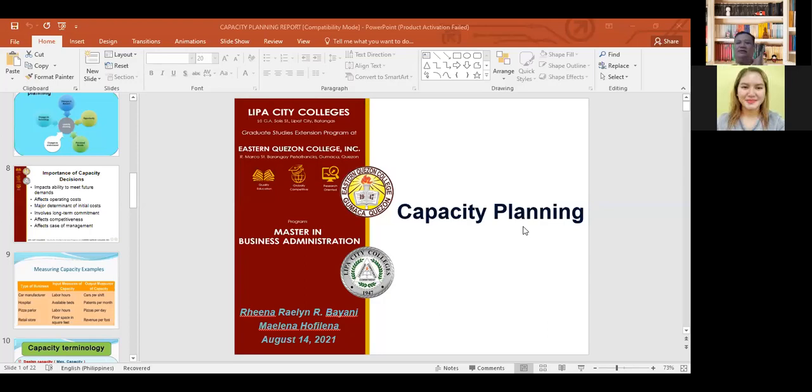Capacity planning, no? The production system design planning considers input, requirements, conversion process, and output. So after considering the forecast and long-term planning, organizations should undertake capacity planning, right? Maybe later on, our presenter will give us more definitions of capacity.